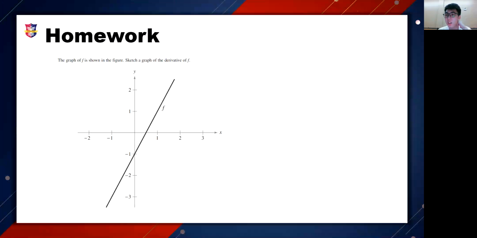It's a linear function, right? It basically has a y-intercept of -1 and an x-intercept of 0.5. Since it's a linear function, the slope of the entire graph should be a constant number, so the derivative should also be a horizontal line.